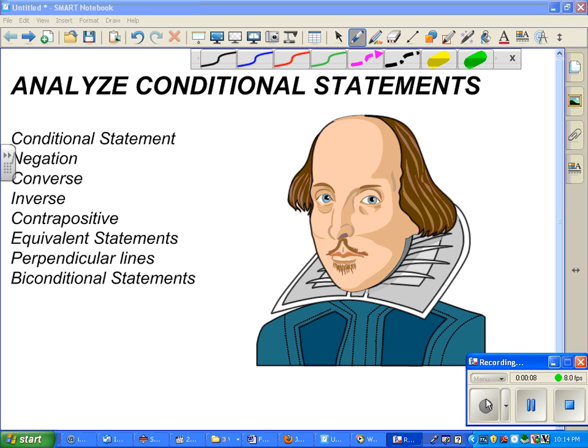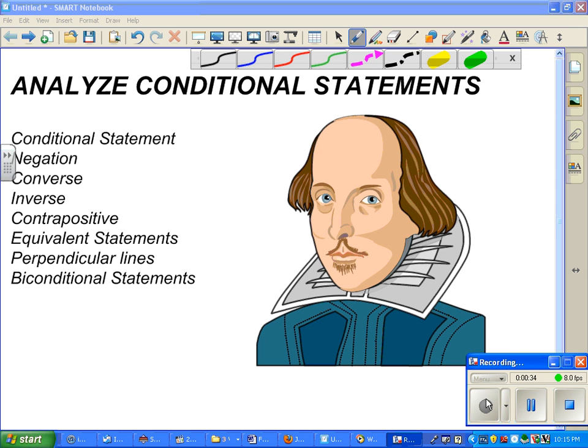Now I said in the last video, when we talked a little bit about it in class, how there's going to be a lot more writing involved in this section because we're starting to deal with logic. This is kind of a big section, so make sure you're taking notes and make sure you understand all these concepts. I'm going to throw a lot at you here that we will try and clean up as much as we can in class.